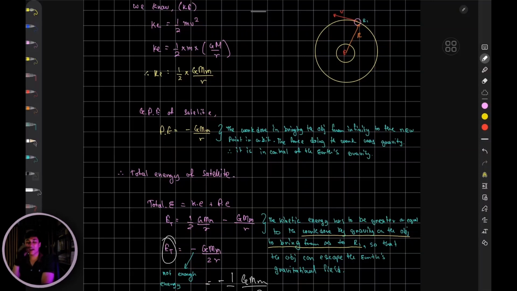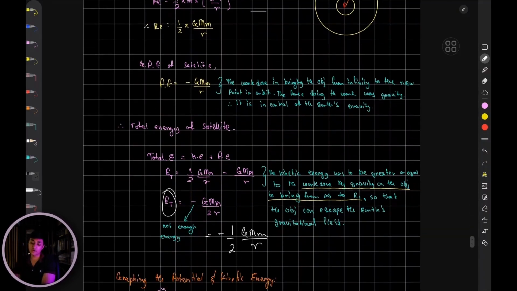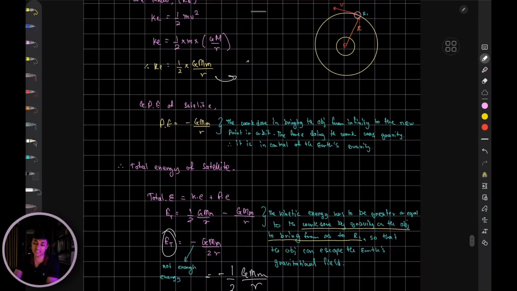Right? So it does not have enough kinetic energy for the satellite to move away or get out of the gravitational fields of Earth. It does not have enough energy. In the case that its kinetic energy was exactly GMm by r, it could have escaped, because in that case, positive GMm by r plus negative GMm by r would give you E total of 0.